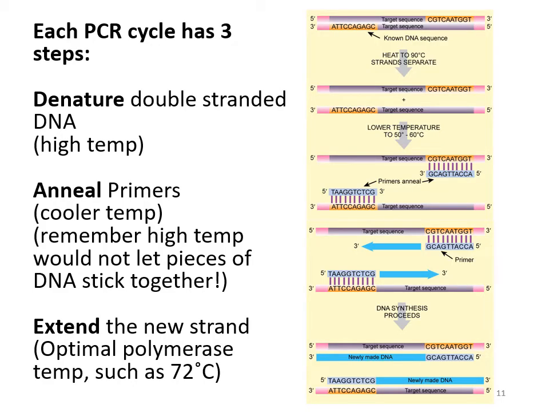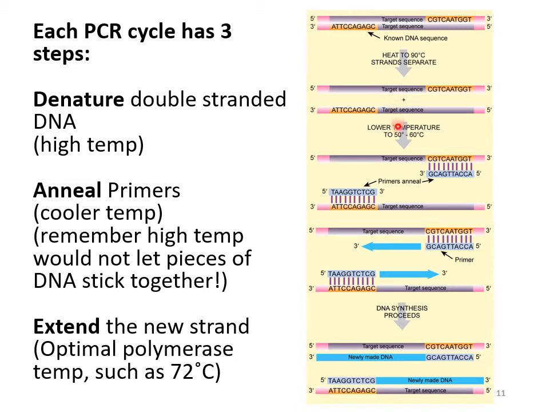Now, with that fluctuating temperatures, the reason is that in each PCR cycle, there are 3 steps that happen. You need the machine to first denature the double-stranded DNA, which happens at high temperatures. So you see that here. You heat, the machine will go to a high temperature to separate the double strands of DNA.